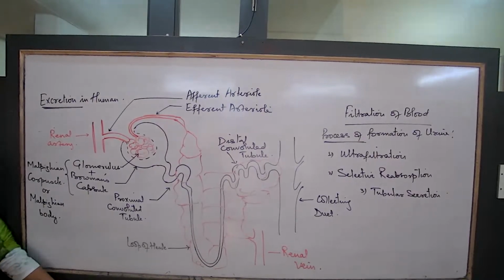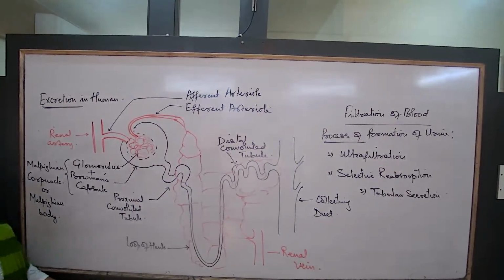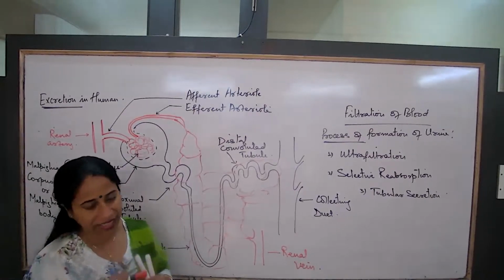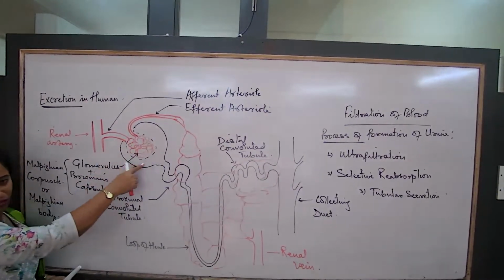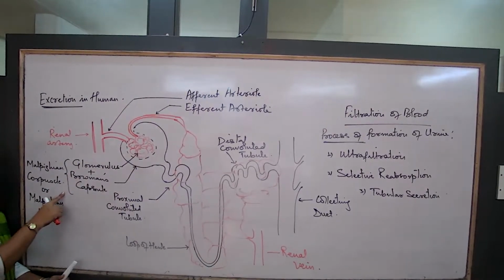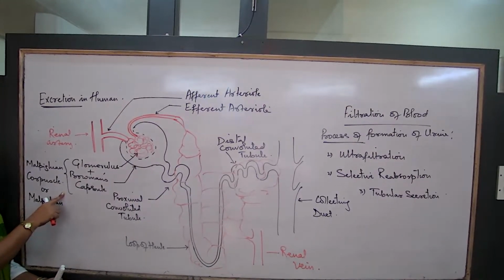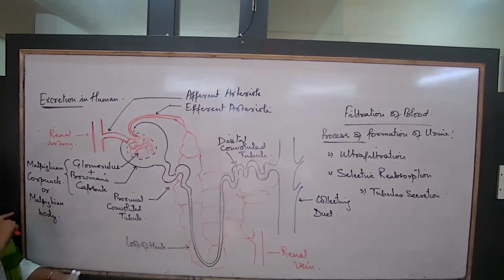The process of filtration of the blood is what is happening inside the kidneys. So how would the steps go? We are talking about the first part of the nephron, that is, the Malpighian corpuscle.